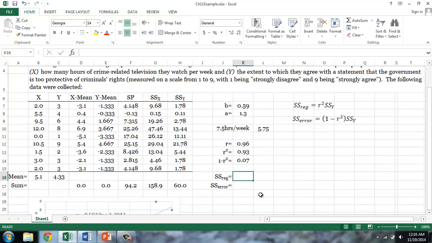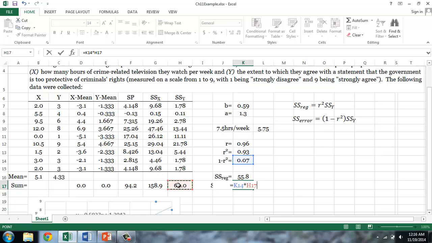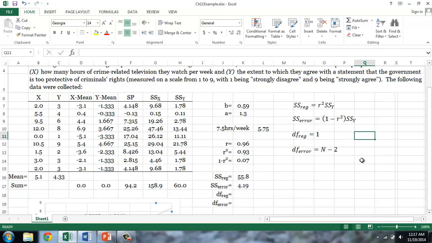Our regression sum of squares is equal to our coefficient of determination times our sum of squared y deviations, or 55.8. Our error sum of squares is equal to the coefficient of non-determination times the sum of squared y deviations, or 4.19.